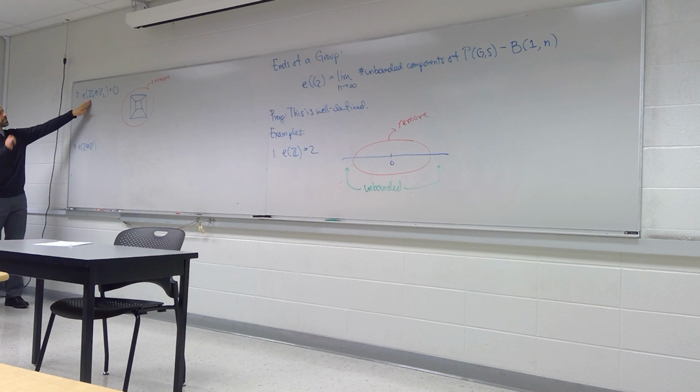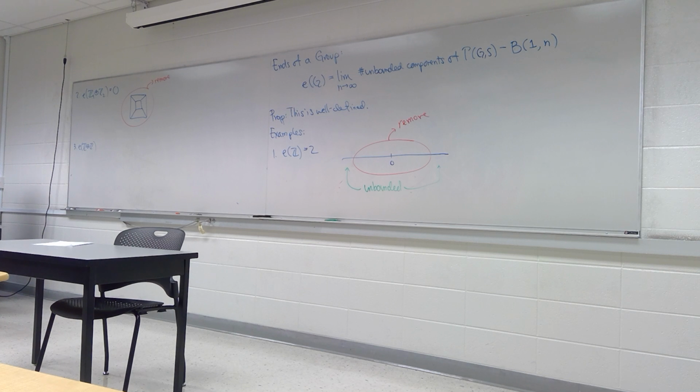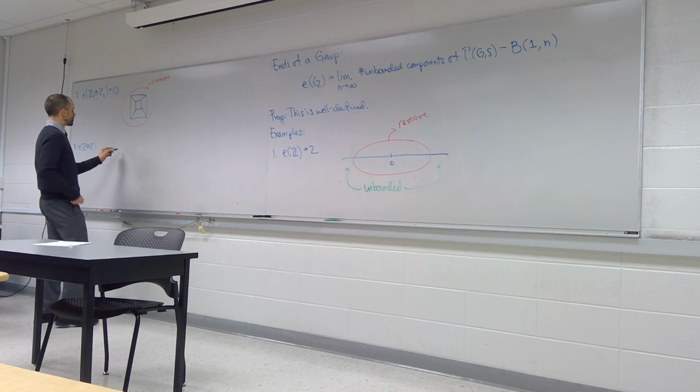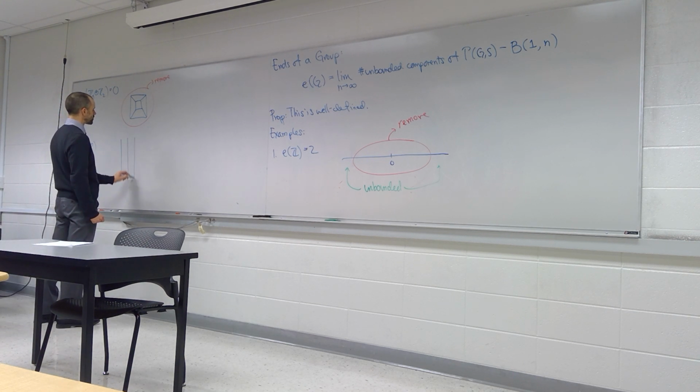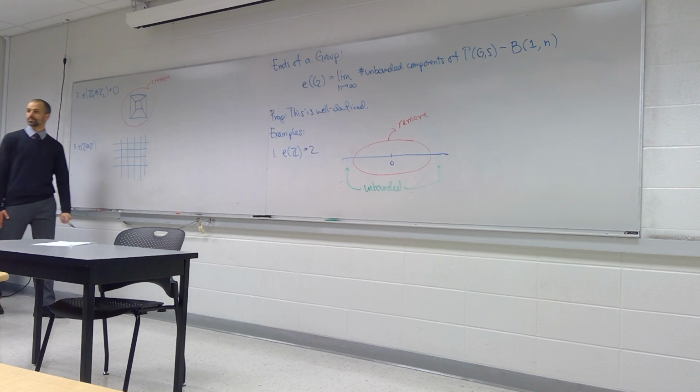So this one I was looking at Z mod 4 plus Z mod 2. What if I just took Z plus Z? You should think of this as the square lattice you see in R2. If you use the standard basis of R2 as your generating set, then the Cayley graph exactly looks like this square lattice.